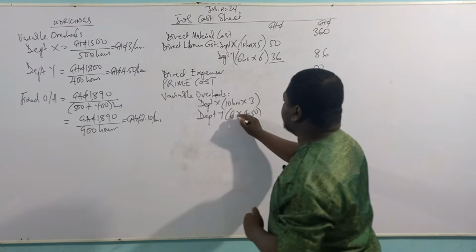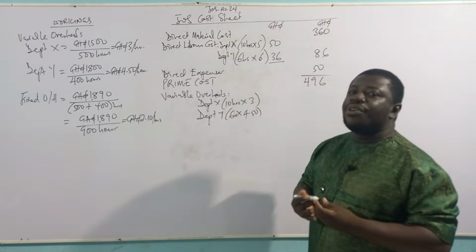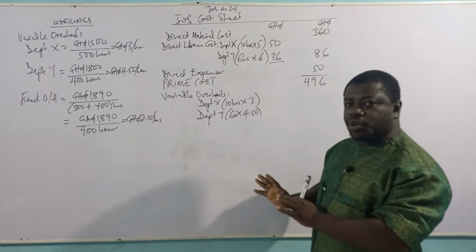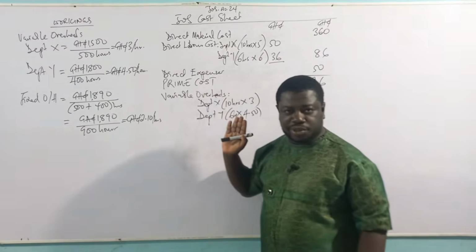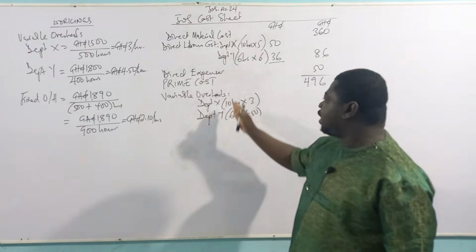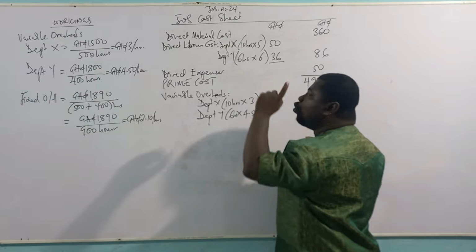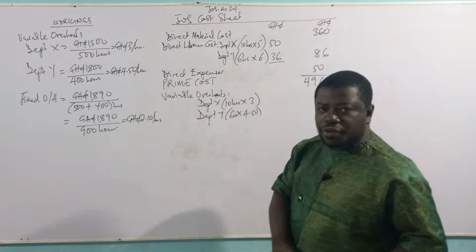So the hours did not change, but the rates are different. And the rates are not going to be given to you in the question. This is what makes job costing a little difficult for people: how to calculate the predetermined overhead absorption rate. The hours will be the same, but the rate to use to multiply for the overhead will need to be re-established by you from the information that is given to you from the budget.